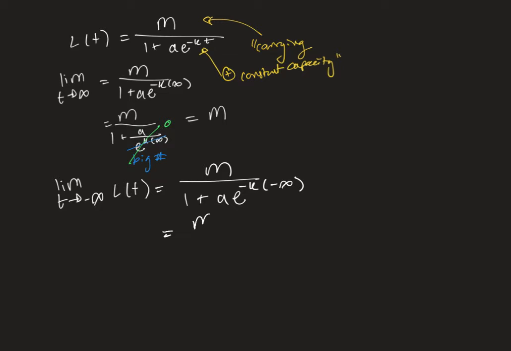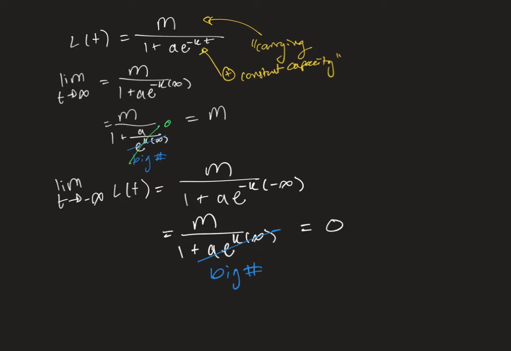So that's m over 1 plus a e to the k times infinity, which is, again, a huge number. So again we have a number divided by an infinitely large number, so this whole thing comes out to 0. And that makes sense, because the minimum amount of people who can be sick or who can live somewhere is 0.